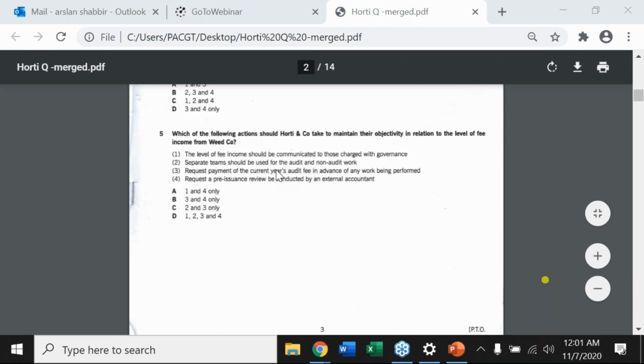So to reduce that threat, you need an independent review to be conducted by an external accountant. So option 1 and 4 is the right option.